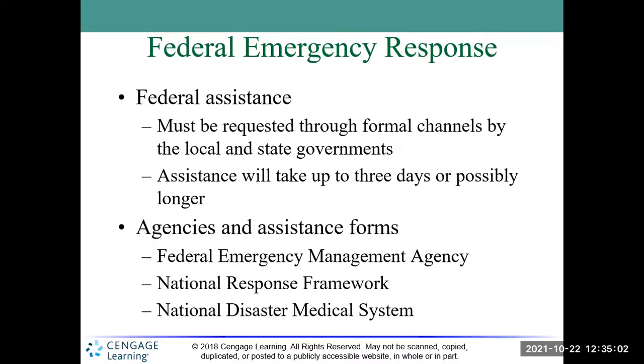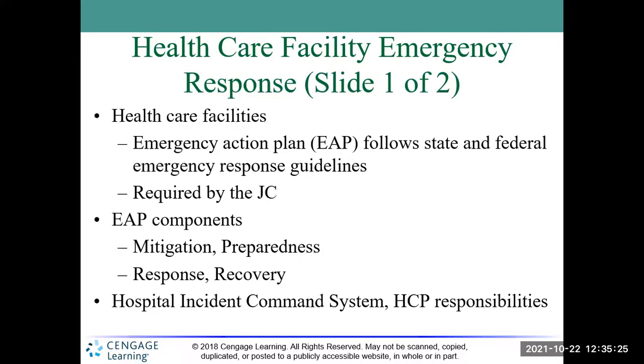And as I mentioned, FEMA is a big agency that allows help to come as quickly as possible. Then, of course, we have a national response framework and the National Disaster Medical System. And this one is more in the line of who is contacting when there's an emergency if your help is needed.